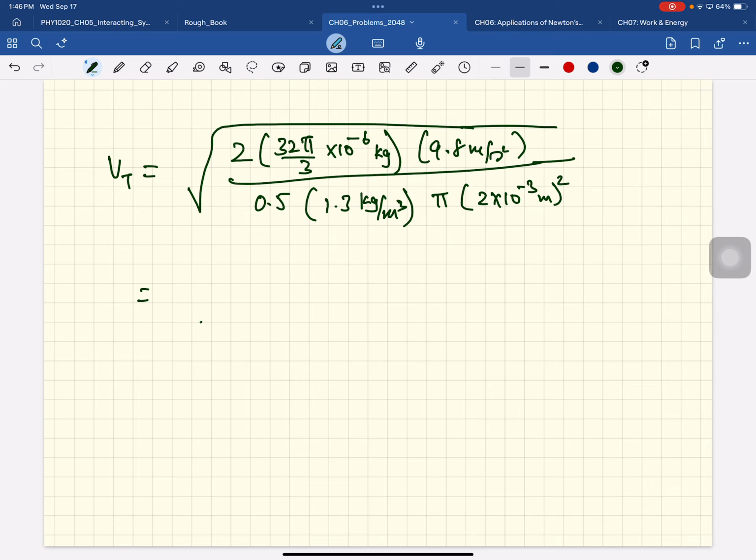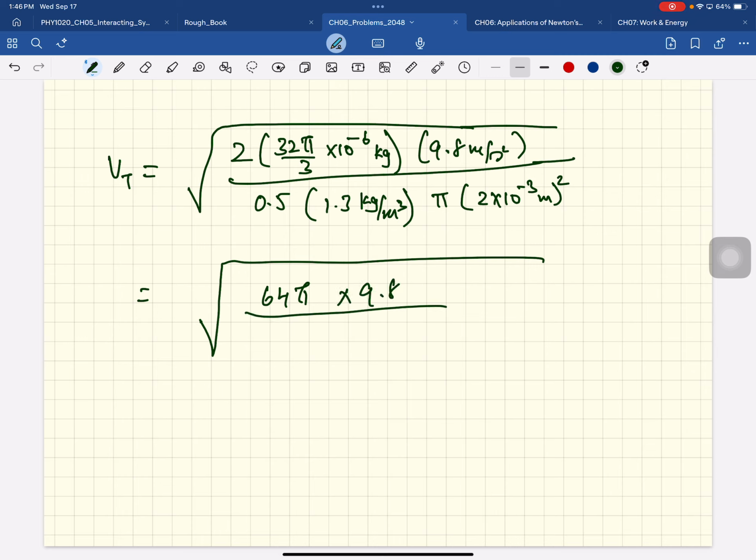So what we get is the square root of 64 pi times 9.8 divided by 1.5 times 1.3 times pi times 8.